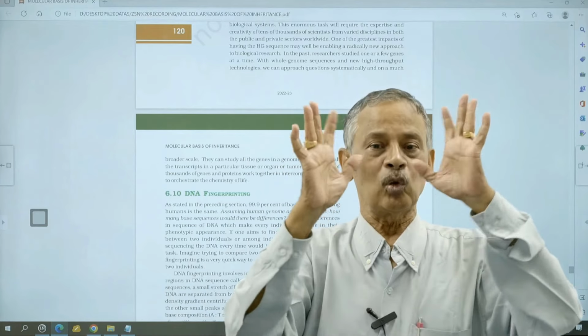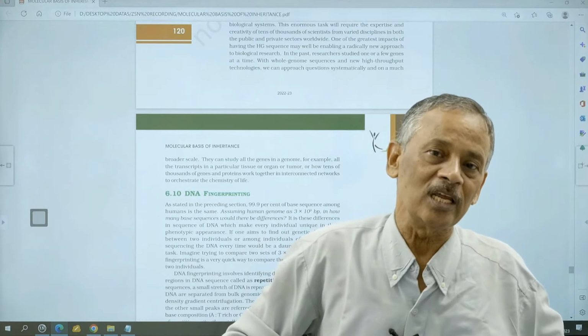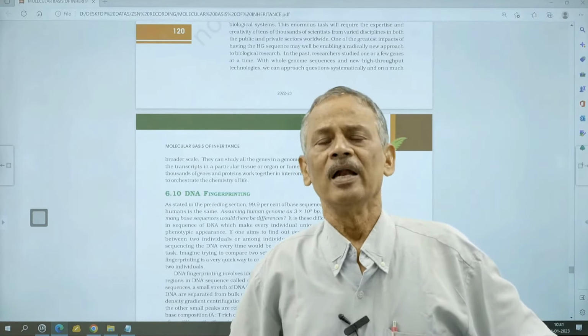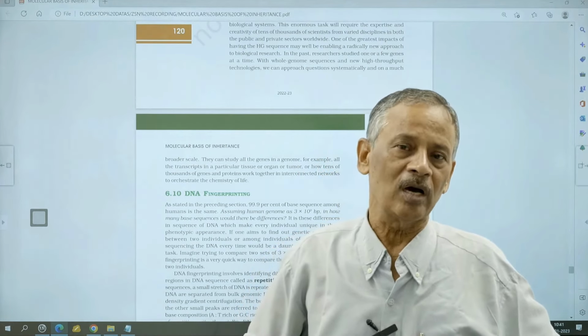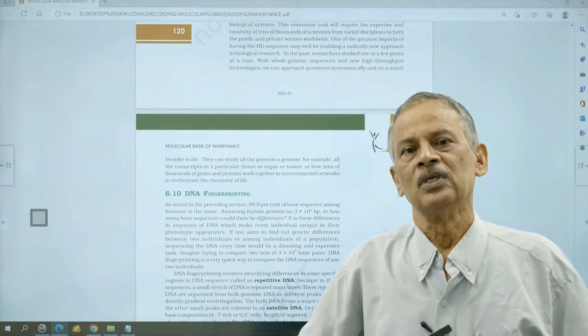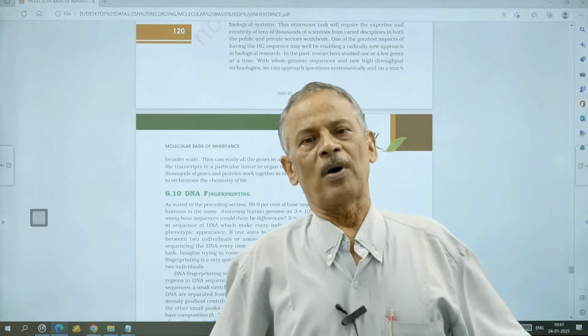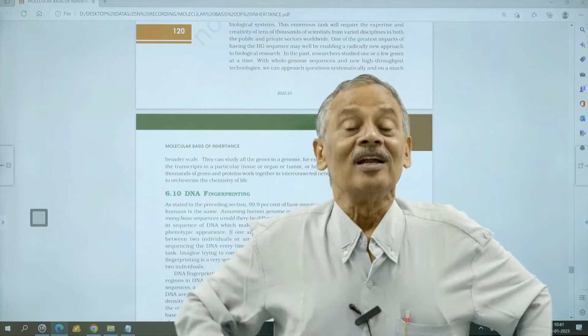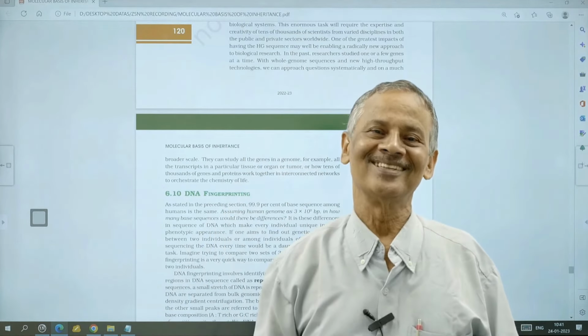Difference at the molecular level is called DNA polymorphism. DNA polymorphism occurs more in the non-coding part. It is the non-coding part which is made up of tandem repeats.